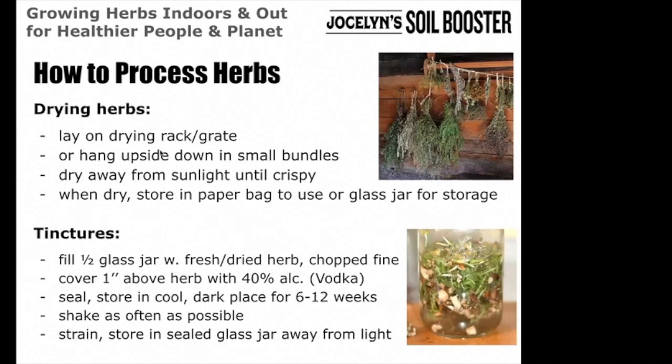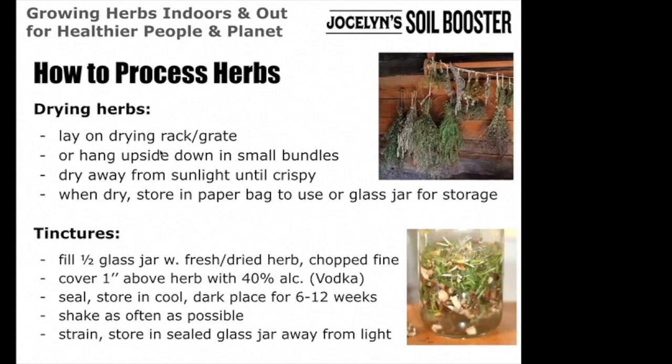You can also bundle them up and hang them to dry. You do want to dry them away from sunlight, because sunlight can just destroy some of the medicinal properties. And then wait until it's really crispy, until you can really crisp up the leaves, so that you make sure all the moisture is completely out so that it won't go moldy when you're storing it.